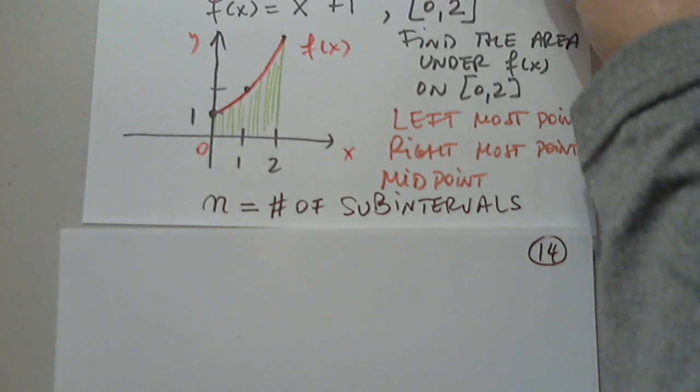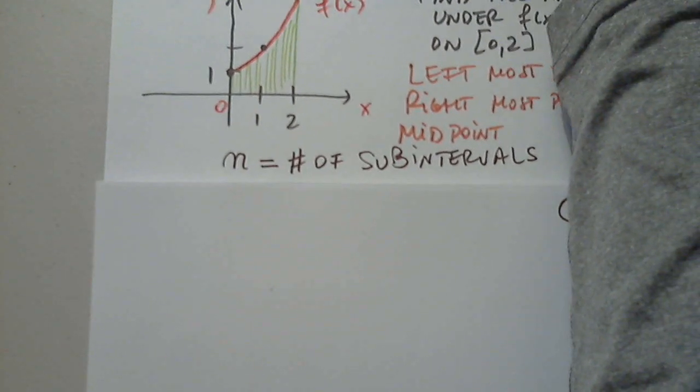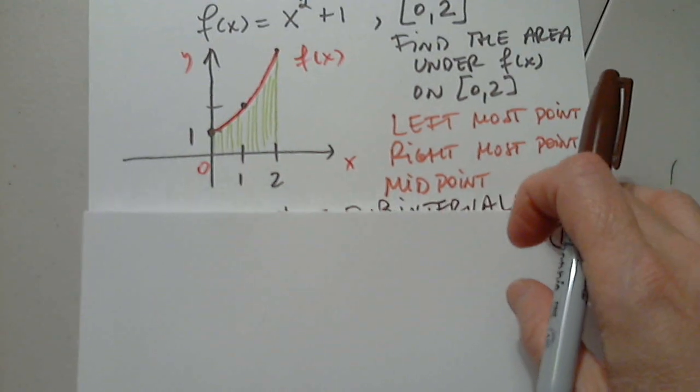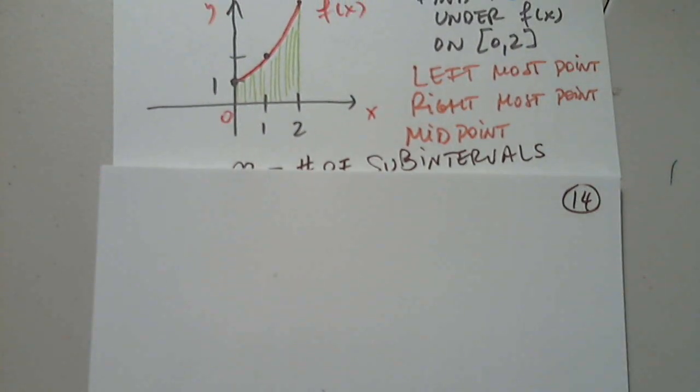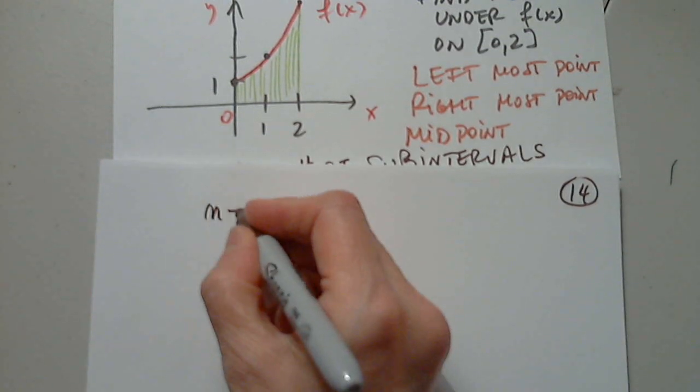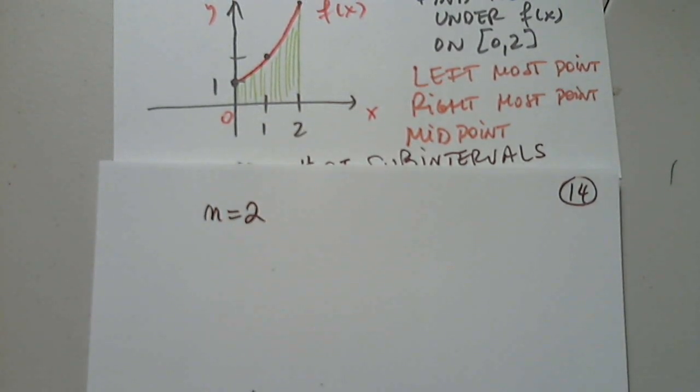And you can say, subintervals, what are you talking about? Okay. So let's choose n equals 2 first. 2 subintervals.